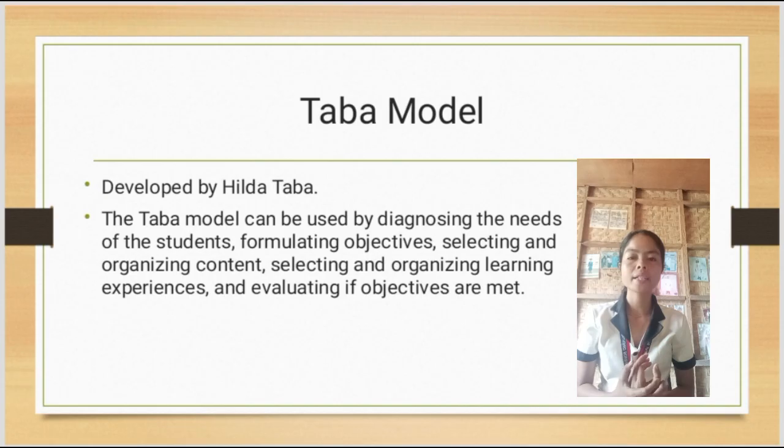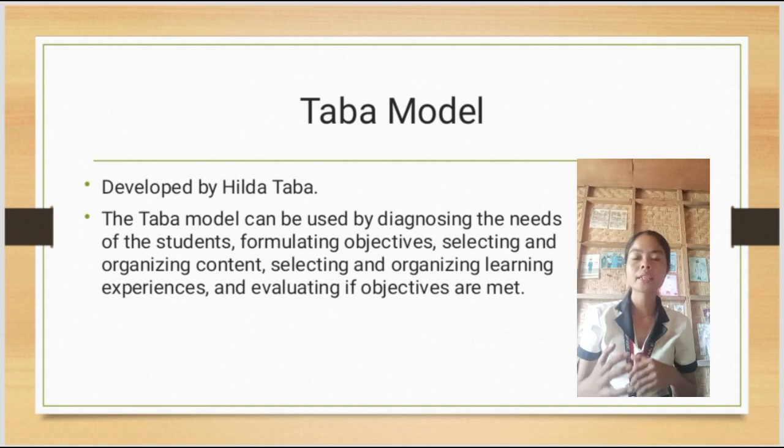This involves identifying gaps in their knowledge or skills, so the curriculum can address these areas. Second is formulating objectives. After understanding the students' needs, you set specific goals or objectives that outline what students should learn or achieve by the end of the course.